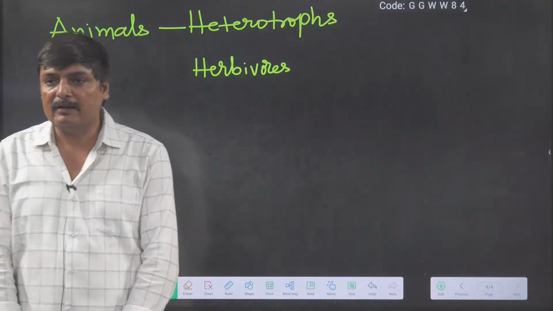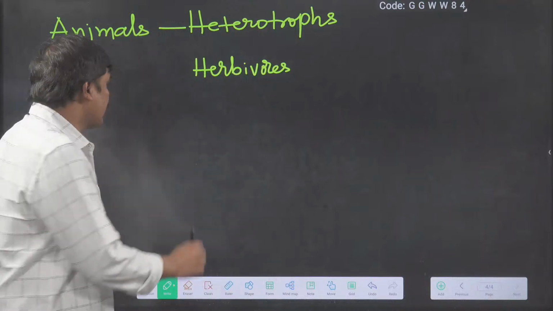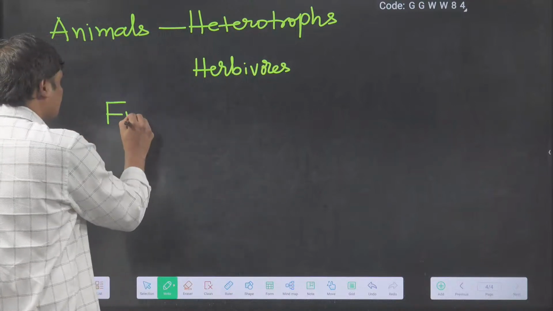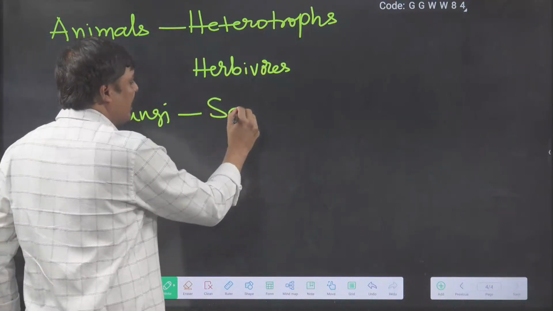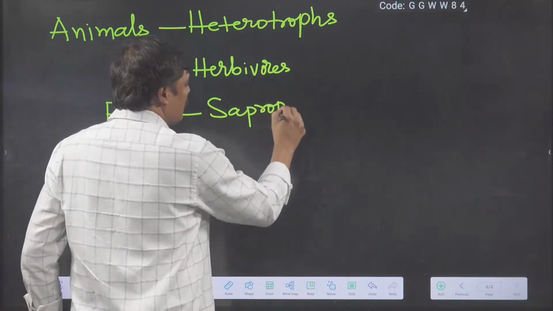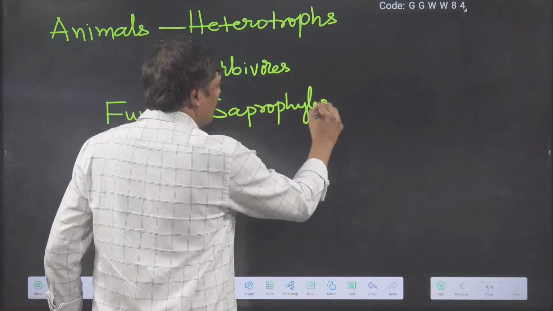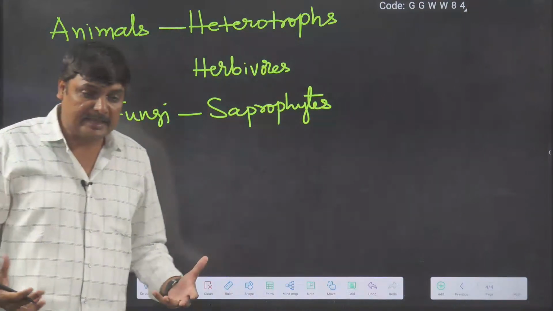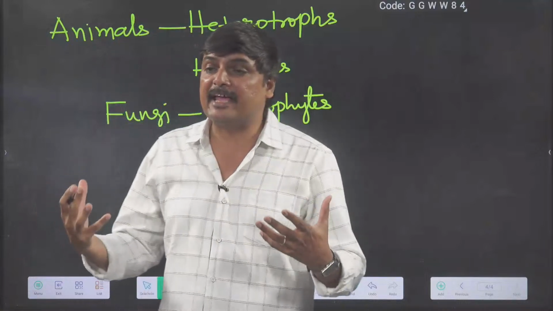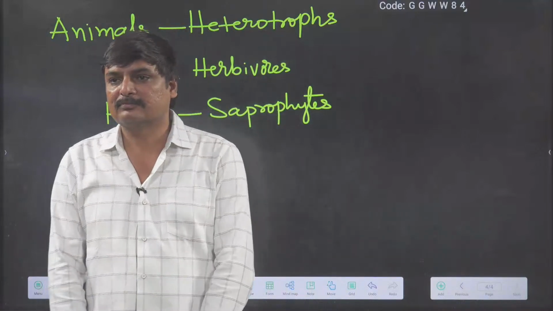And similarly, organisms like fungi, saprophytes. Some fungi act as saprophytes. They depend on dead and decaying organic matter.